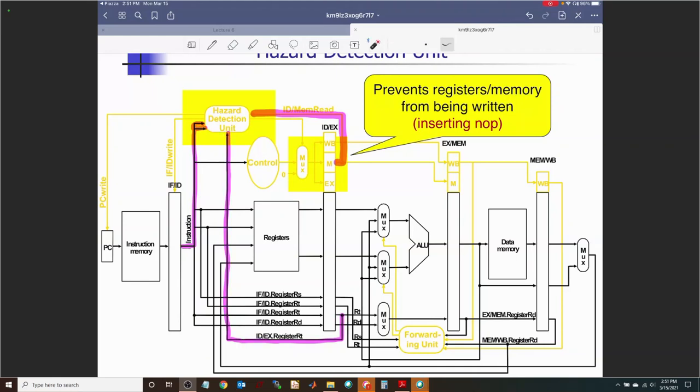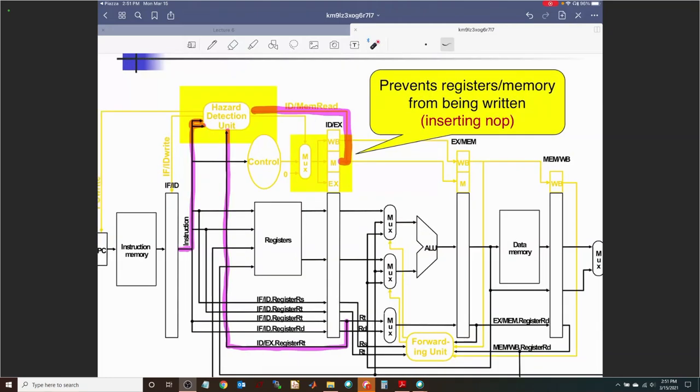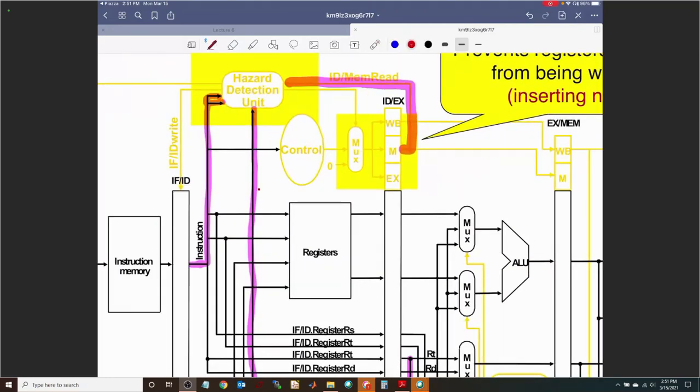So in our case, this was the load word, right, destination. Does that match the source? In our example, it was AND.